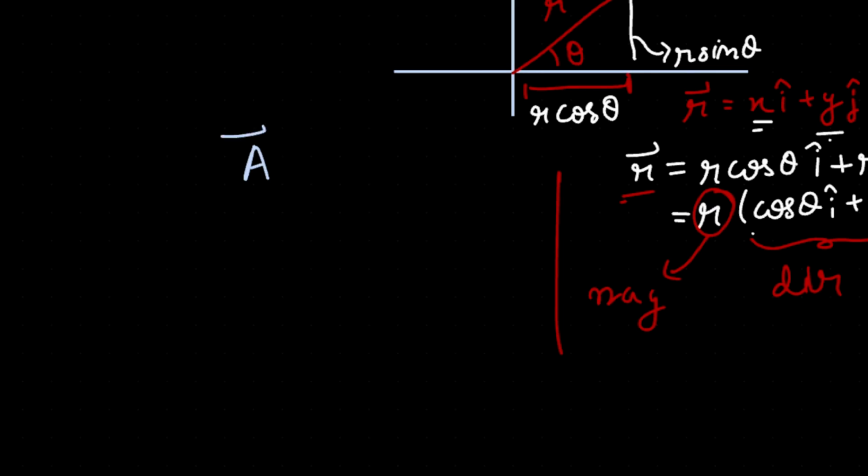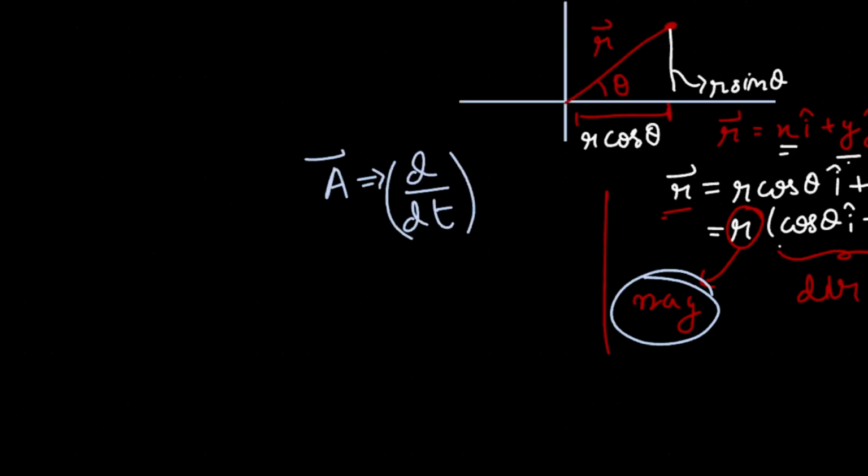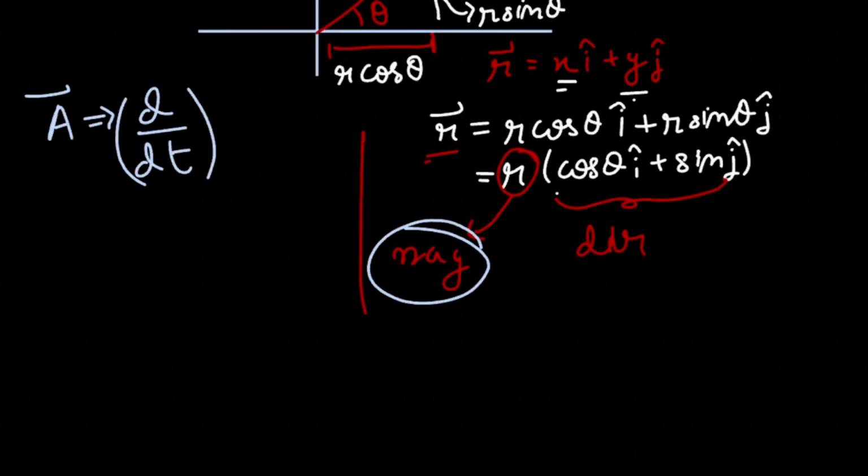How does this change with respect to time? How do I know it is changing with respect to time if I do the calculus derivative? Well, a vector has a magnitude and it also has a direction. So both can change.